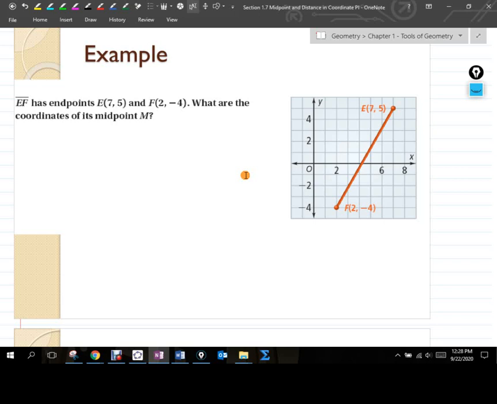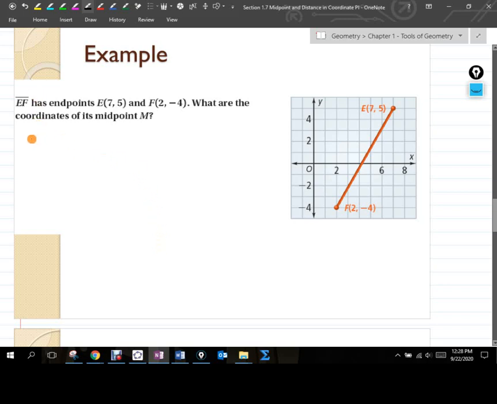I might have things all over the place on my paper, but everything is labeled so I know what is what. I apologize for that, but I will make sure that I label things very well so that you can follow along. And I would suggest that maybe you do the same thing.